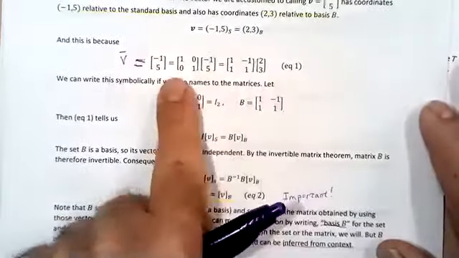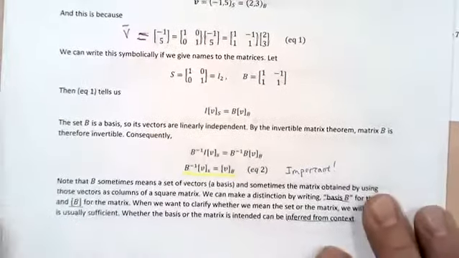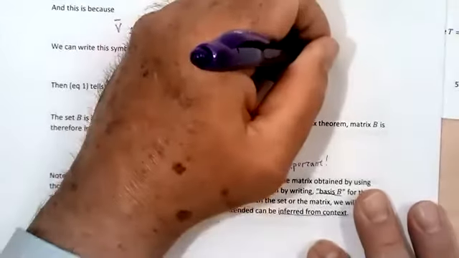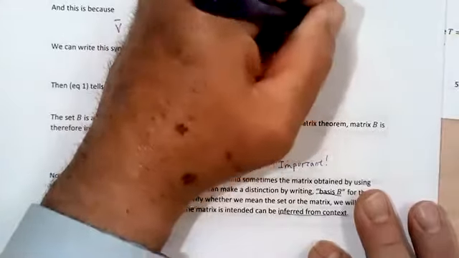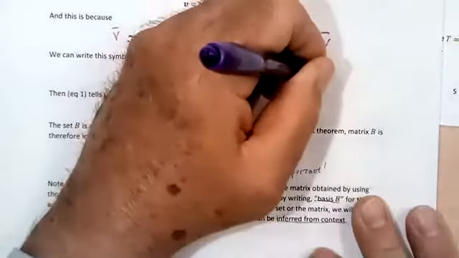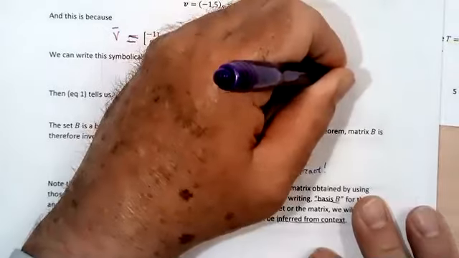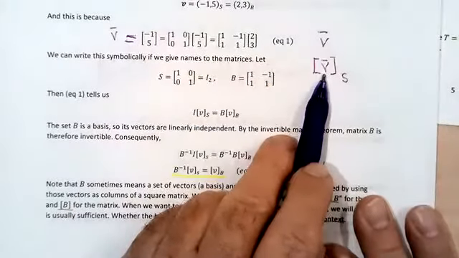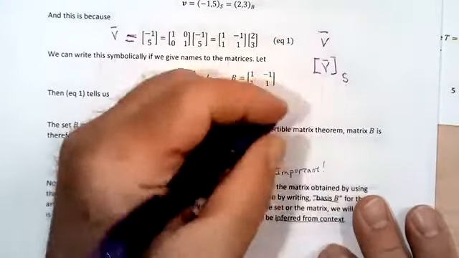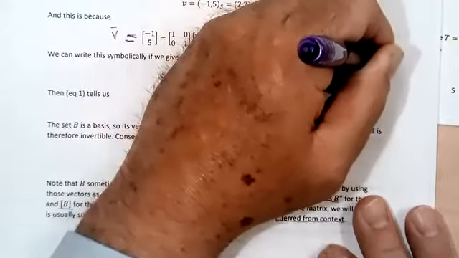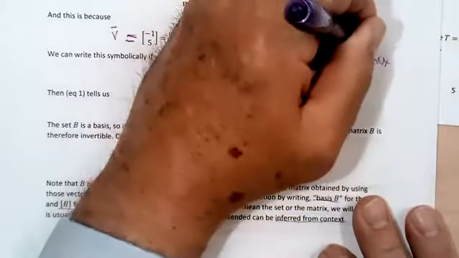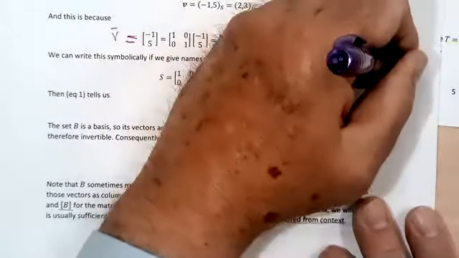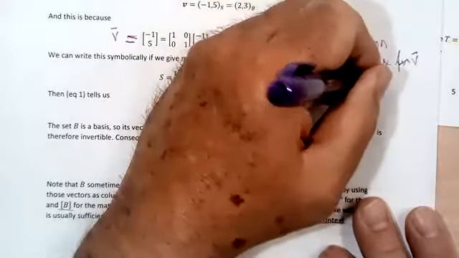So what does equation 1 tell us? Well, I've got a new notation here, which I didn't explain. Square brackets V with a subscript S means the column matrix representing V in the standard basis.